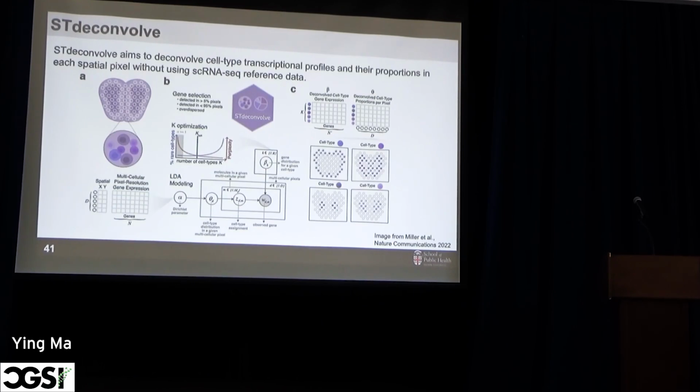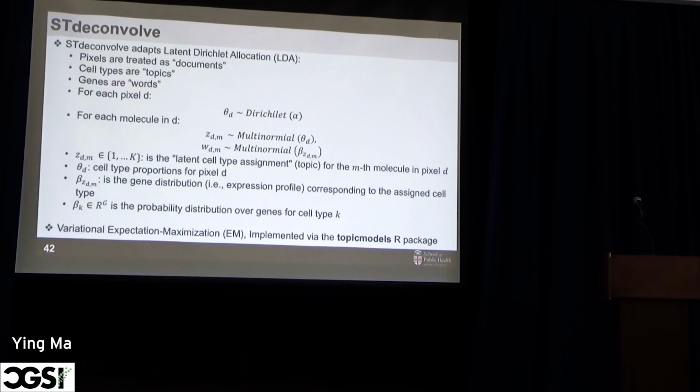One of the representative methods is called ST-deconvolve. The aim is to deconvolve the cell type transcriptional profiles and their proportions in each spatial location without using the single cell reference. This is the architecture. It is mainly based on the LDA model, which I will talk about in more detail in the next slide.